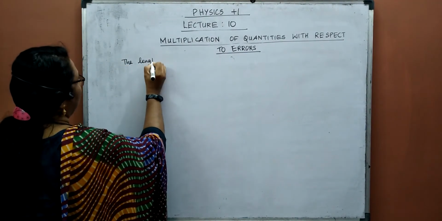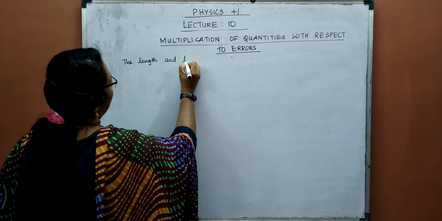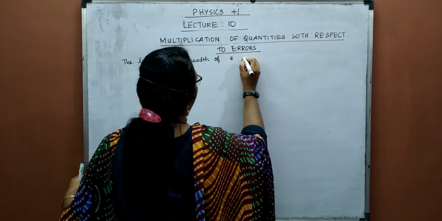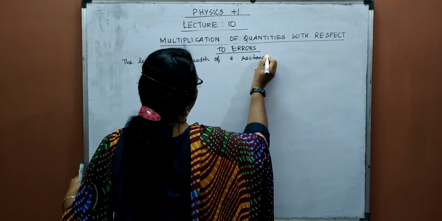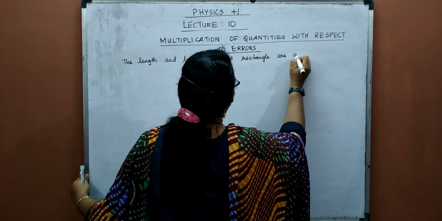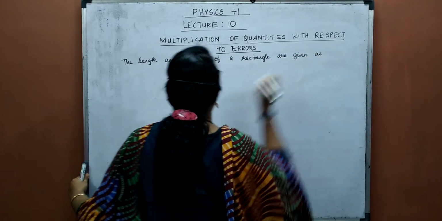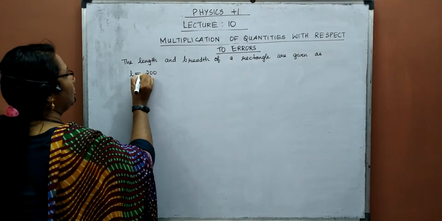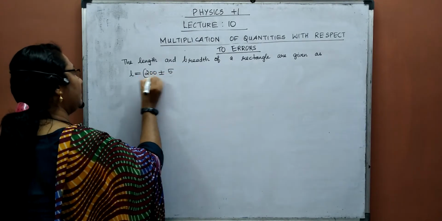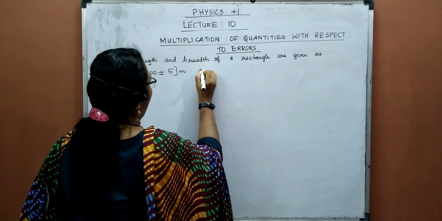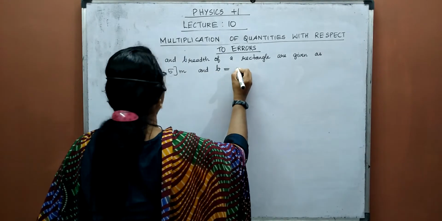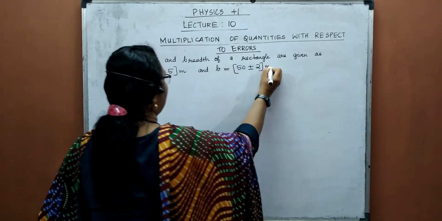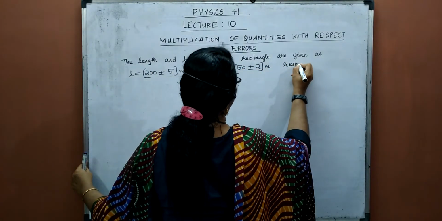The length and breadth of a rectangle are given as L = 200 ± 5 meter and breadth B = 50 ± 2 meter respectively.